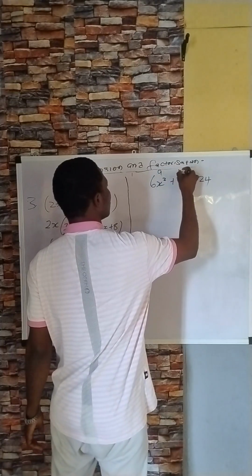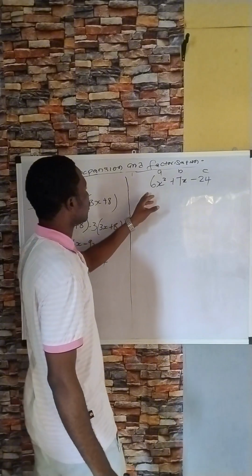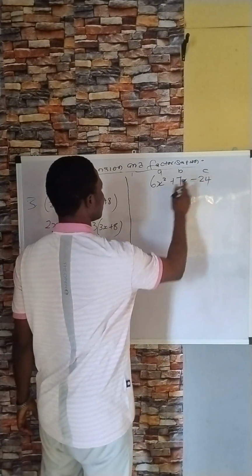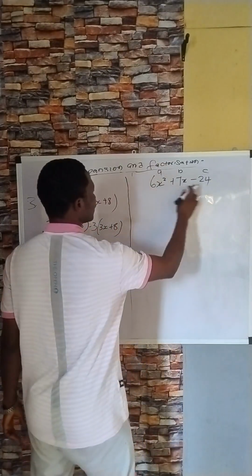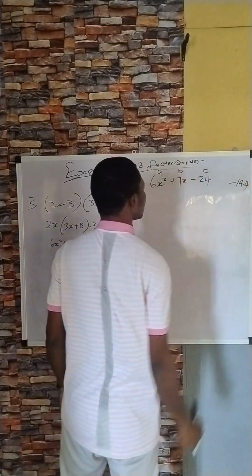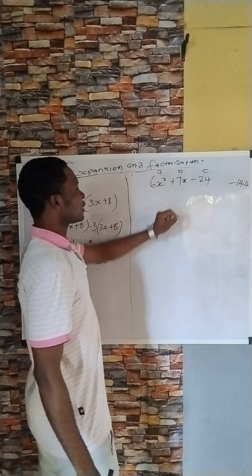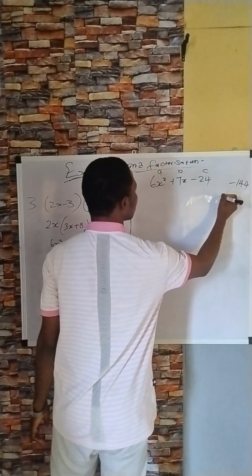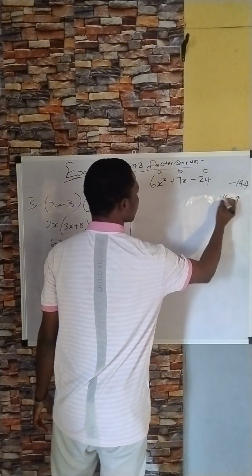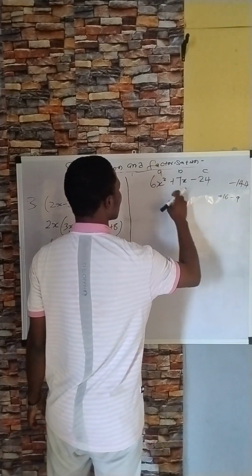A, B, and C. So we said before, multiply the coefficients of A by C. So if you multiply the coefficients of A by C, you will get minus 144. So what are the two factors of minus 144 that can give you plus 7? That will be plus 16 and minus 9. If you multiply these two, you get minus 144. But if you add it up, you get plus 7.